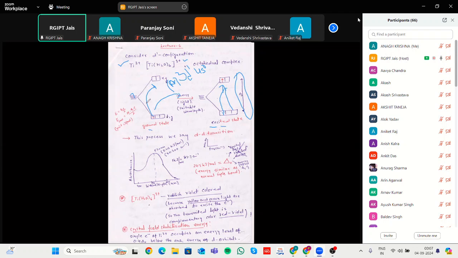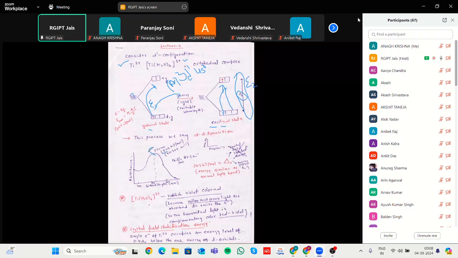In the ground state, there is some energy, say E1, and after that it goes to the excited state, which has some energy E2. That E2 minus E1 is the del O, the octahedral energy. This absorbs energy at a particular wavelength, which can be 520 nanometer or 243 nanometer.